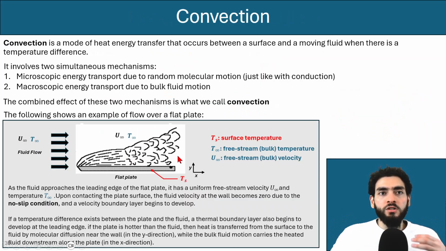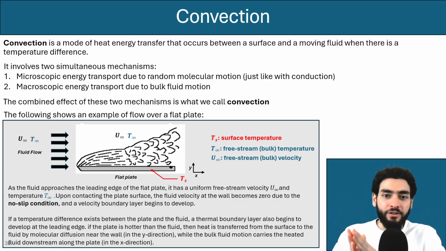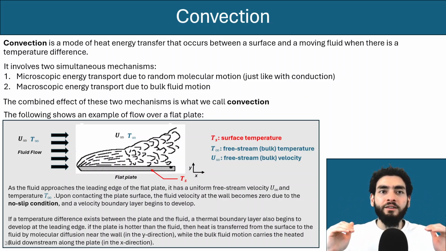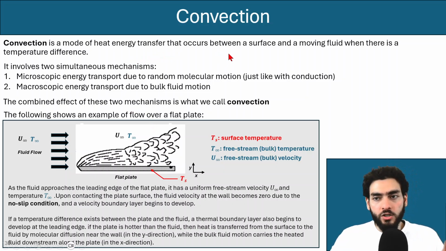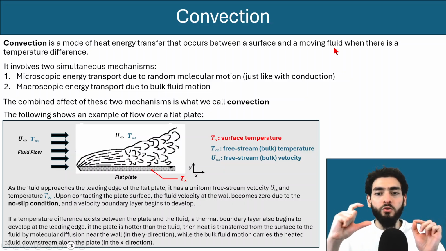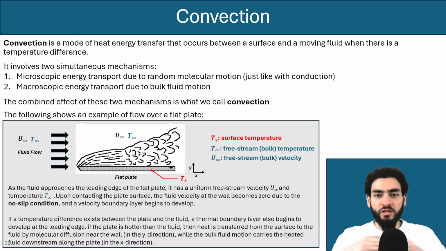Before jumping into the equations, let's first make sure we agree on the definition, and on a high level, I want to explain what occurs. Convection is a mode of heat energy transfer that occurs between a surface and a moving fluid when there is a temperature difference. If there is no temperature difference between the stationary surface and the fluid moving over it, then there is no heat exchange, and so no convection heat transfer.